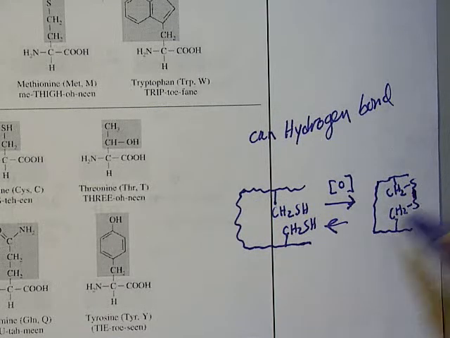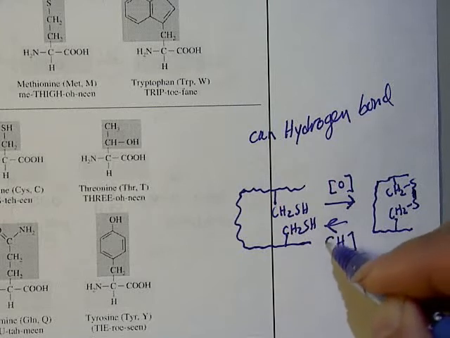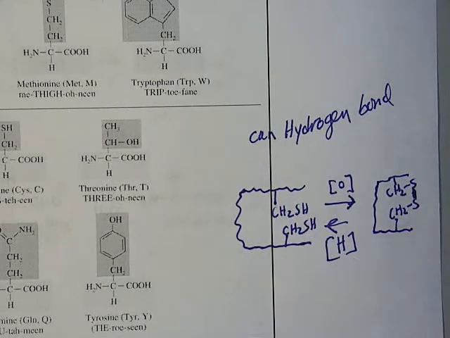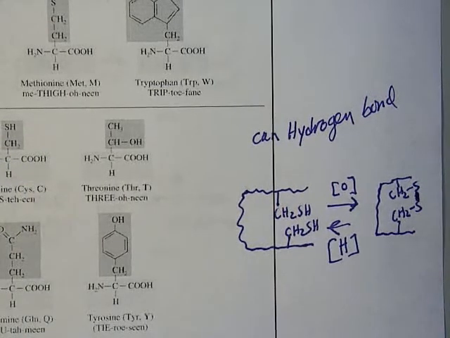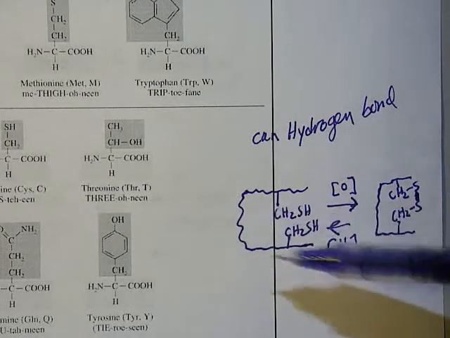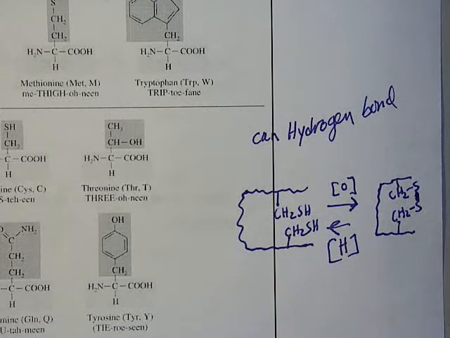And if there's an enzyme present to cleave that, then you go back to the dithiol form. So because of this possibility to make covalent disulfide bonds, cysteines are very important. And as you can see, a linear protein now becomes a circular protein, so it changes the shape a lot.